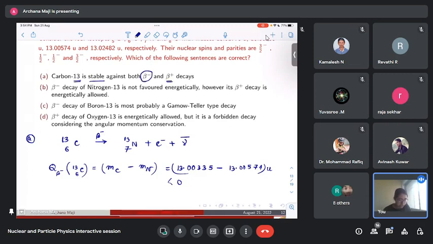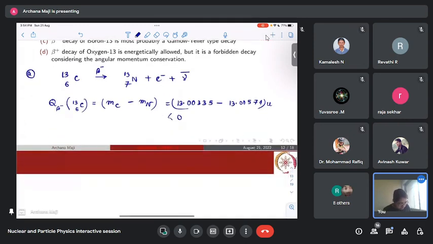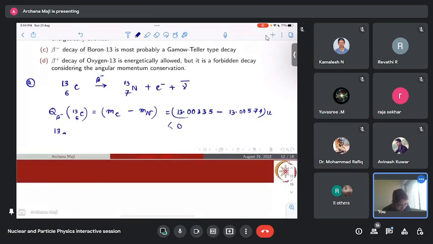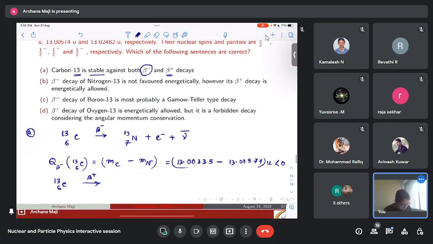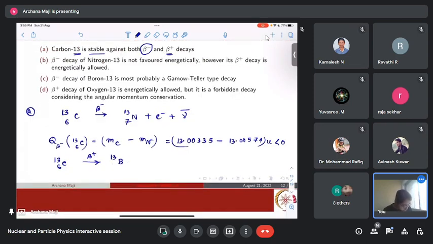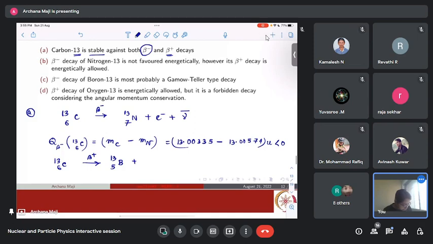Let us check whether it is stable under beta plus as well. The beta plus decay of carbon will be boron 13 plus positron plus neutrino.